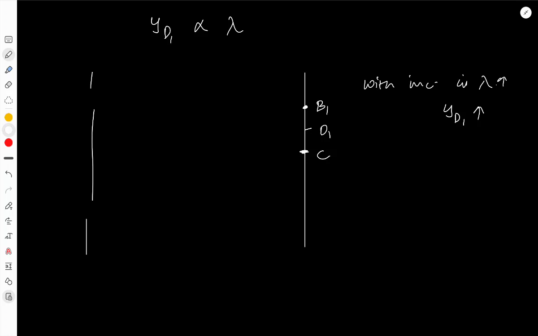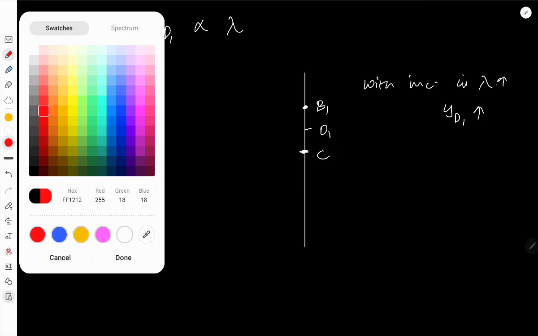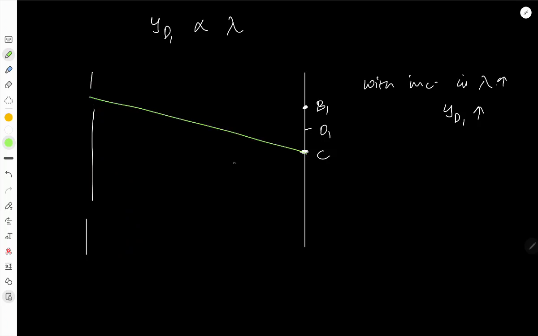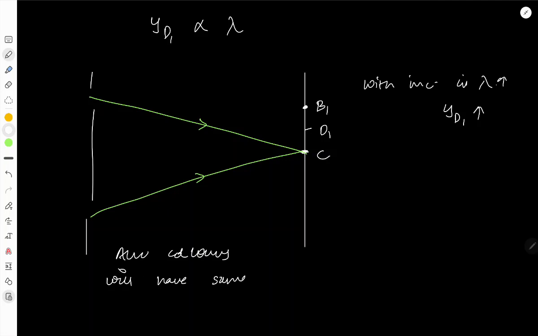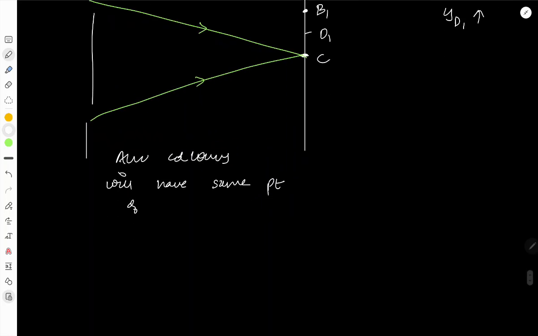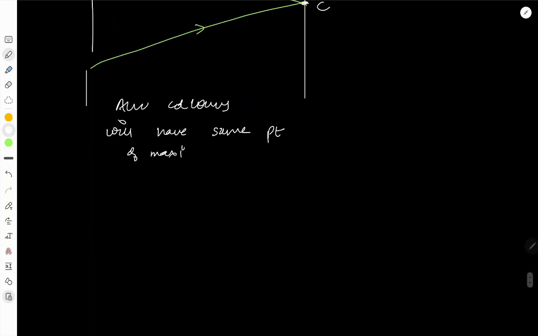And one more thing to notice is that if a light ray came in from both the directions, it would have to travel equal distances to meet at C. So all colors will have the same point of maximum, the central bright.